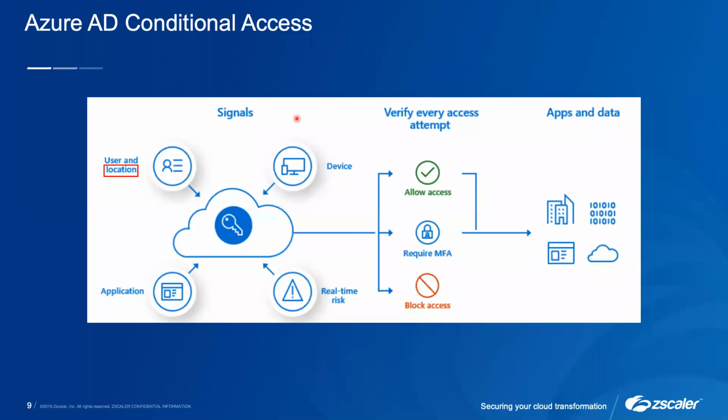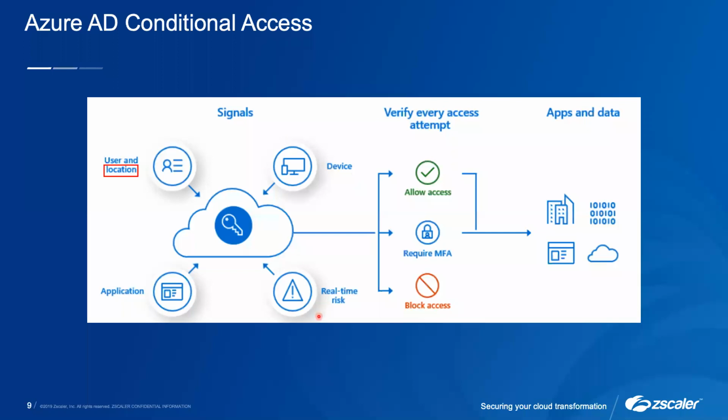So if I have to think of an example, a user comes in, tries to access, let's say, Outlook, and the first thing you do is you authenticate the user. You ask them to put in their username and password. Once that is done, then you look for these additional signals, like whether he's coming from a recognized device, a corporate device or not. Is there a risk?